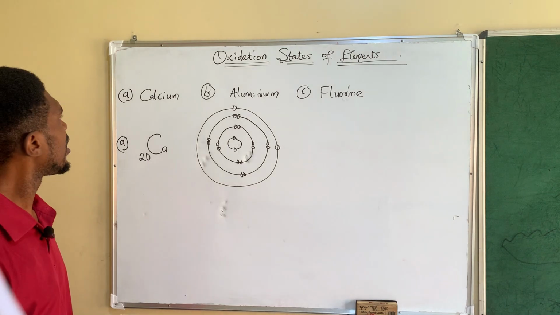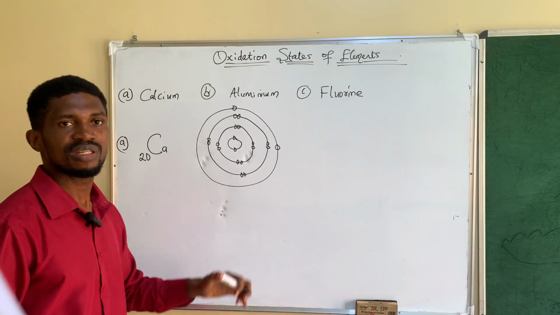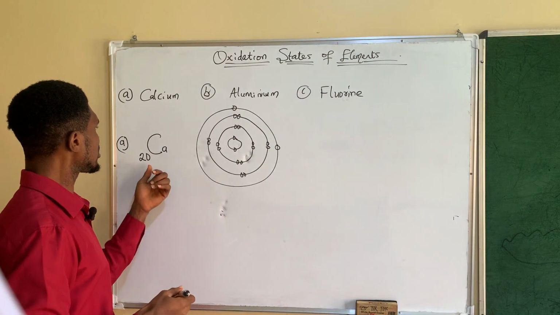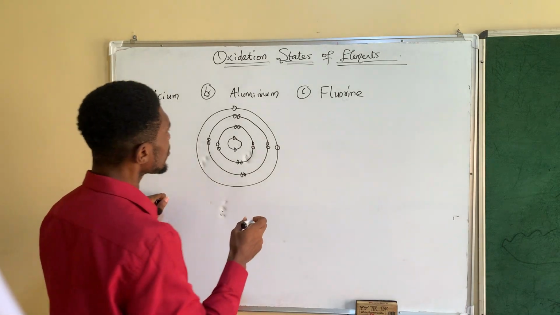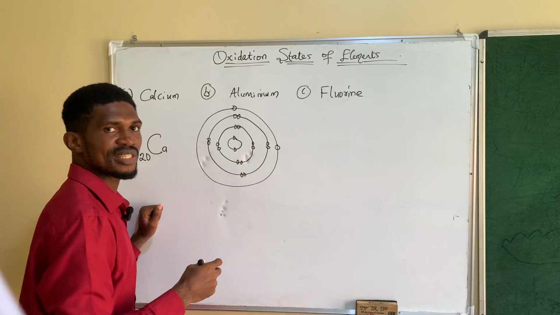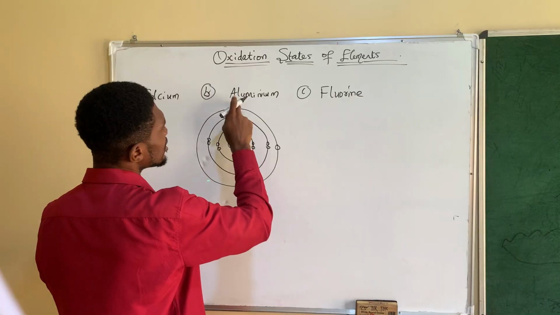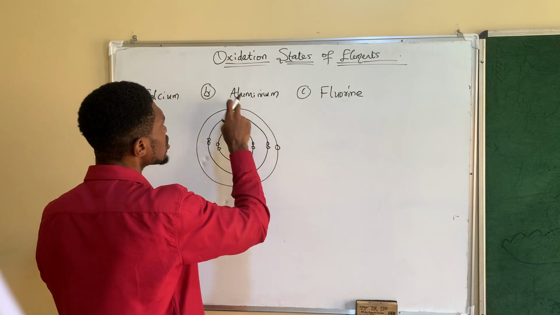This is the representation of an atom of an element using electronic configuration. So this is calcium. For us to know the oxidation state simply means the number of electrons in the outermost shell, and the number of electrons in the outermost shell is 2.